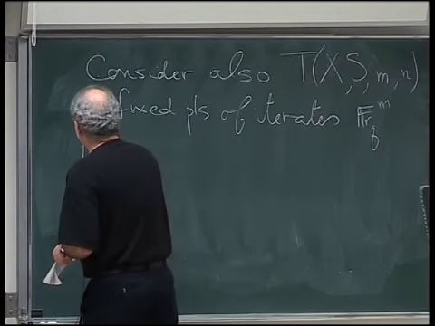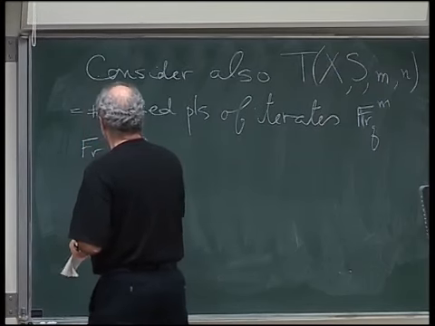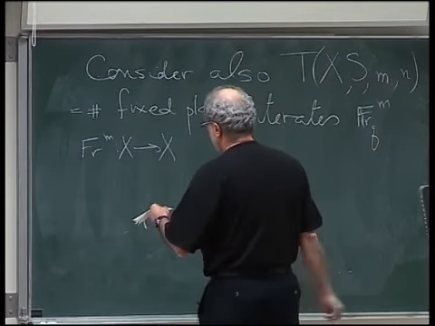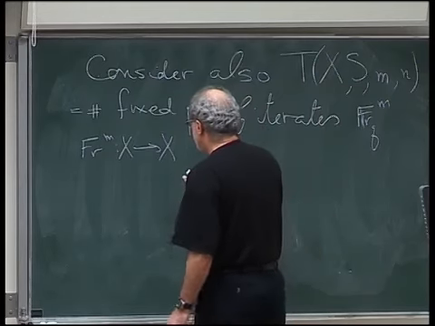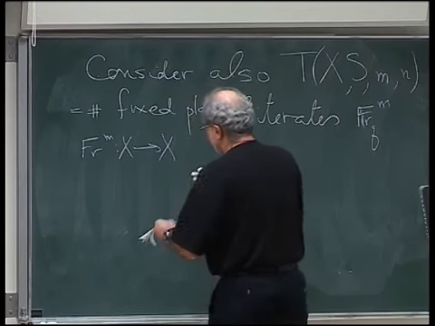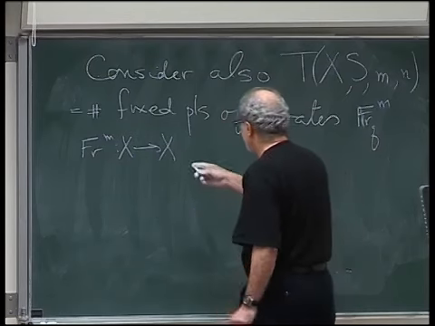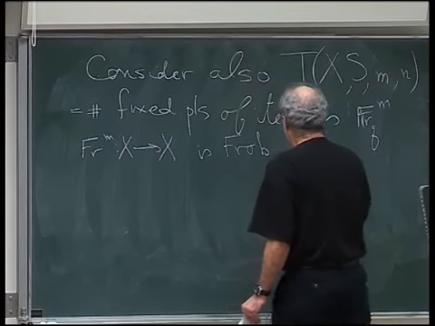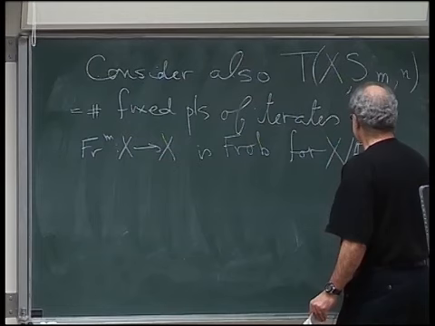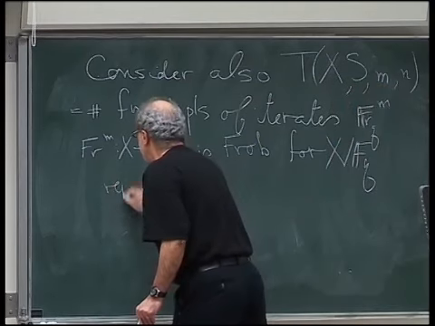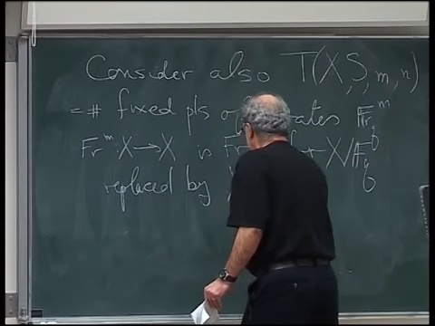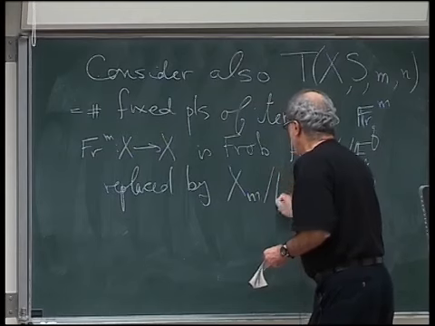And when you look at the Frobenius to the power m, it acts on our curve, and it is the Frobenius again, but for the curve replaced by X_m over F_{q^m}.